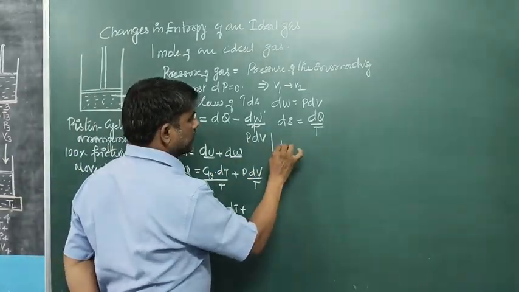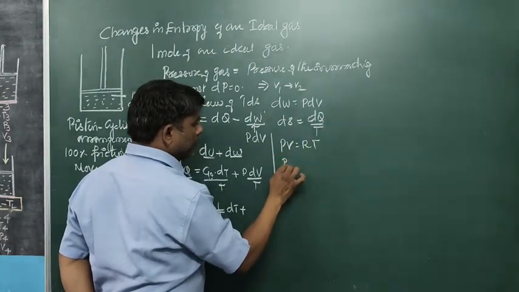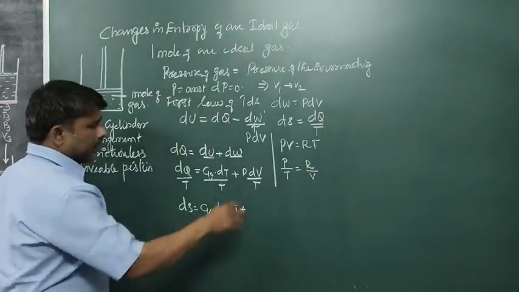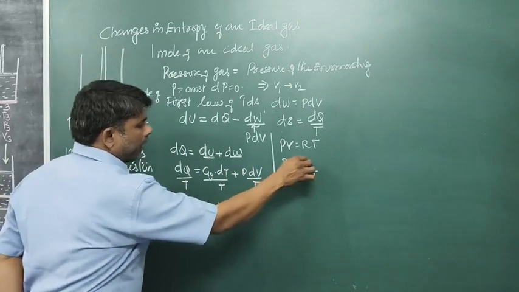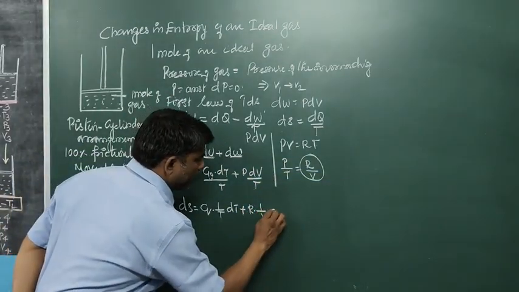For an ideal gas, PV is equal to RT. P by T is nothing but R divided by V. Hence, instead of P by T, I write R by V, so R into 1 by V into dV.